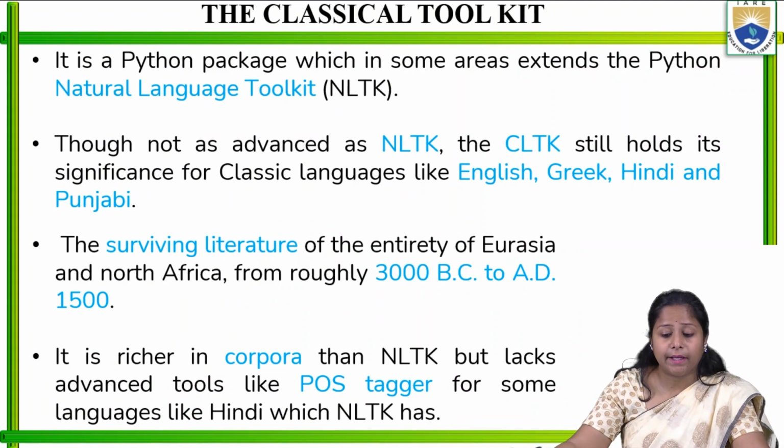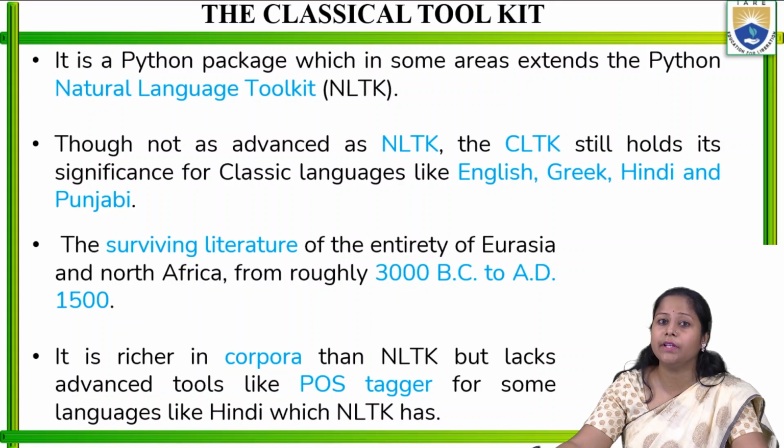It is a Python package which in some areas extends the Natural Language Toolkit, that is NLTK. Though NLTK is the more advanced version, CLTK still holds its significance. Why?